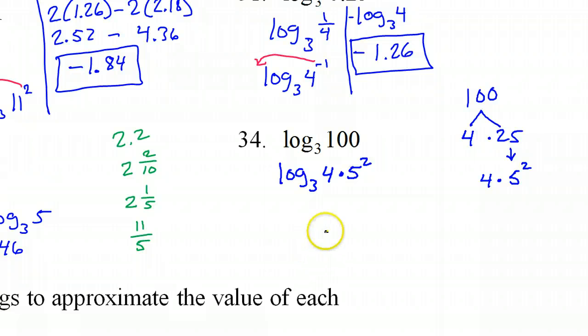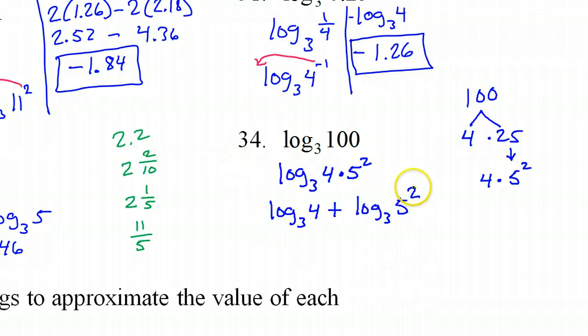Okay. So using the product property, that's going to give me log base 3 of 4 plus log base 3 of 5 squared. Now using the power property, this 2 is going to jump to the front.